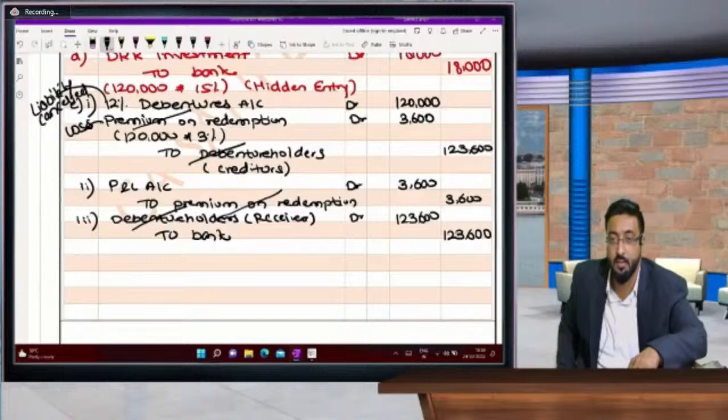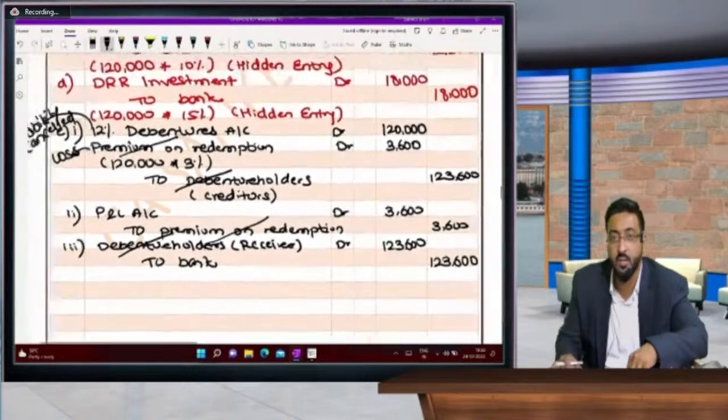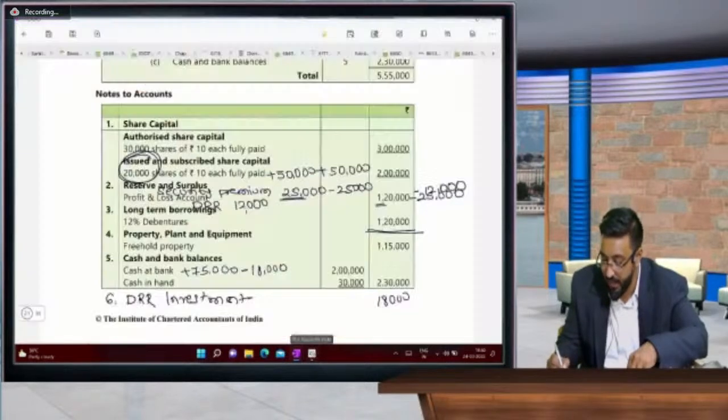Need concept clarity. Debentures cancel. Premium, extra payment, is a loss to debenture holders. P&L to premium. And then debenture holders to bank. So debentures temporary account, we cancelled it. So 12% debentures debit, so from balance sheet it is minus.